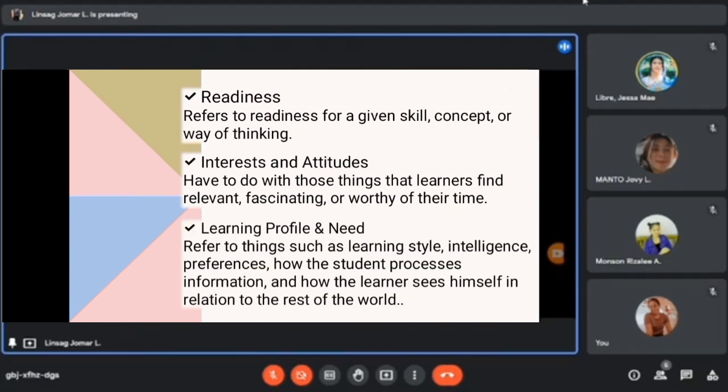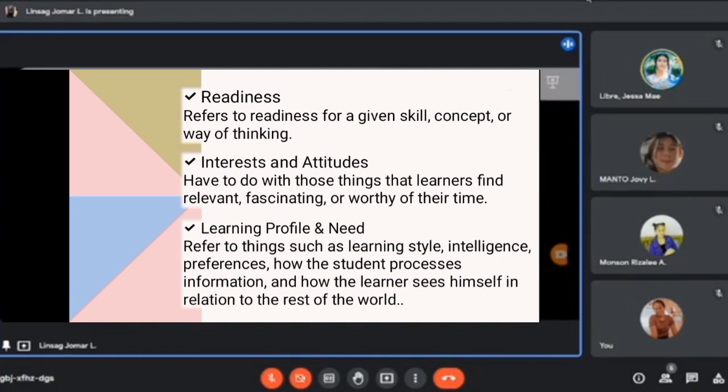Last is the learning profile. It refers to things such as learning style, for example, is the student a visual, auditory, tactile, or kinesthetic learner?